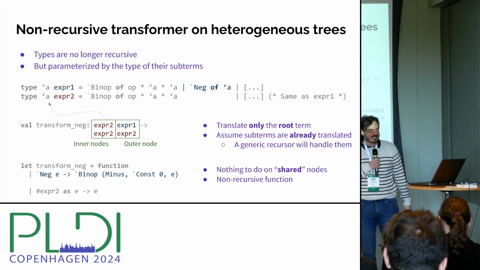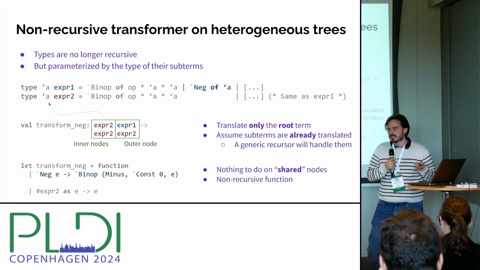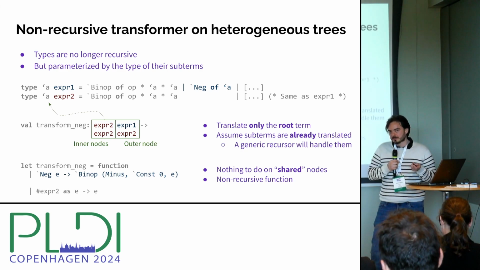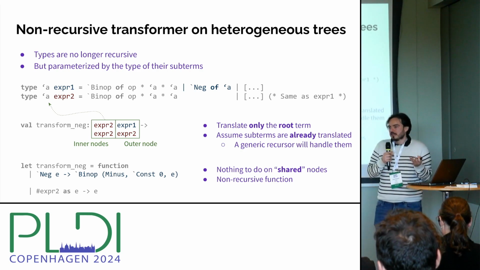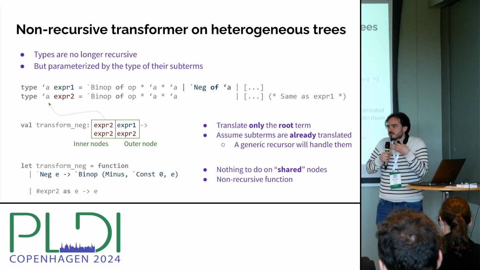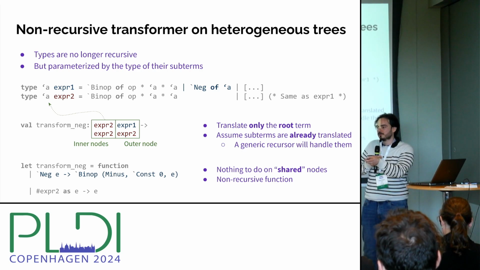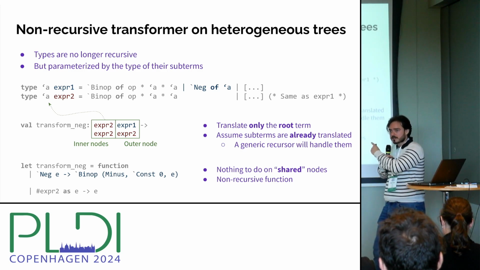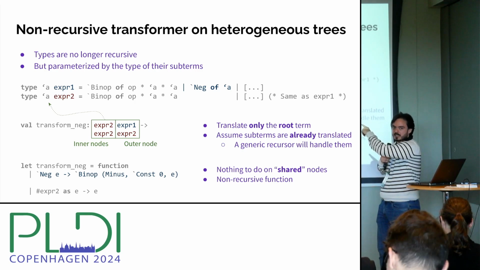But yeah, no, to be honest, it's actually an issue, because when you're using polymorphic variants in OCaml, the typing error is kind of horrible, because it will tell you that this tag is missing. And when you're using a normal algebraic data type and you're using the wrong type, it will simply say, okay, I'm expecting expr2, you're giving me expr1. But in this case, it will tell you something like, I'm expecting binop or neg or something with things that end with polymorphic variants in place of quote and so on.